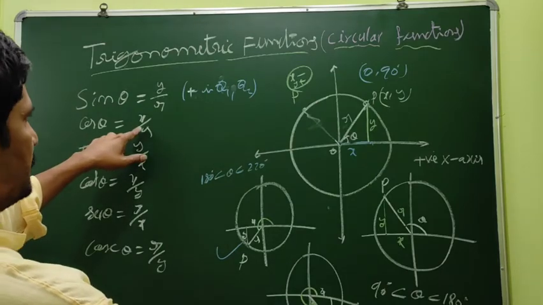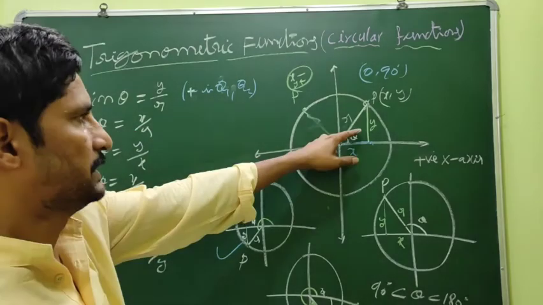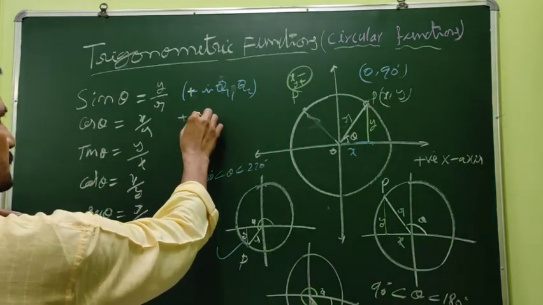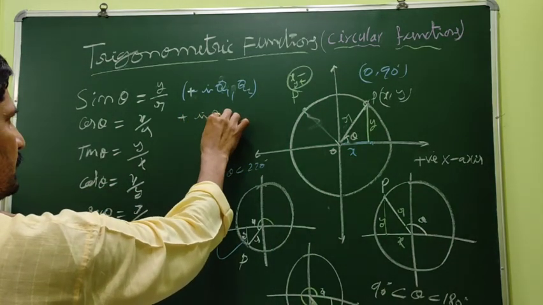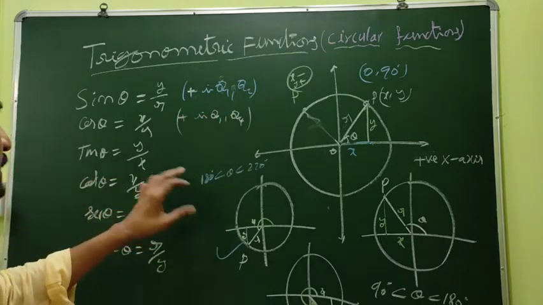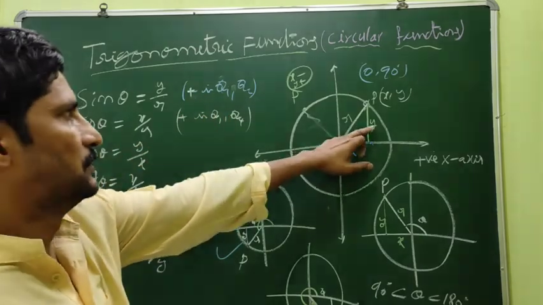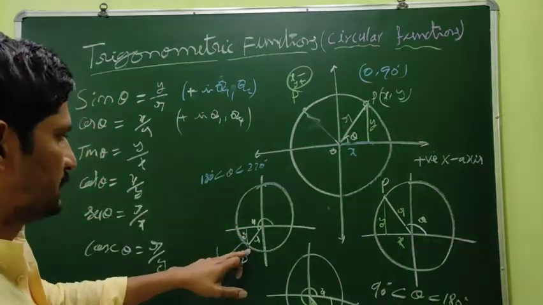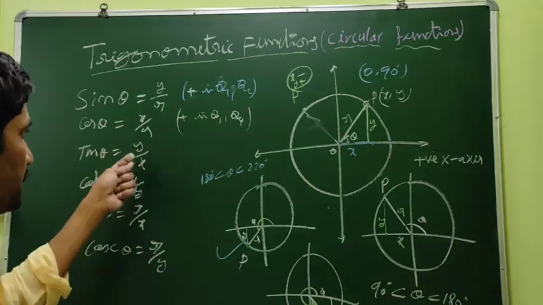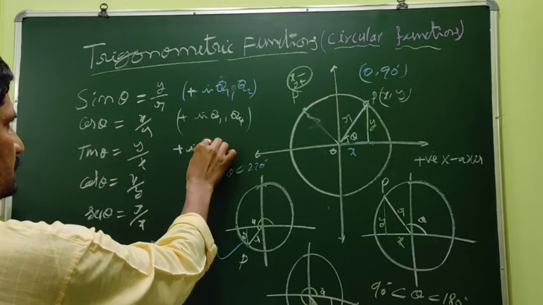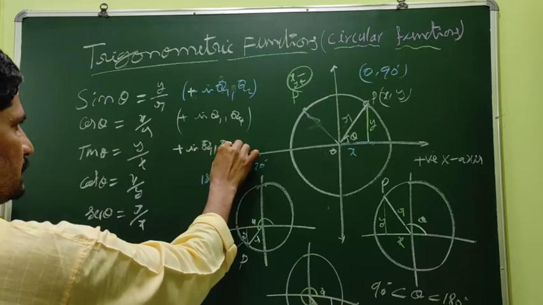See the cos theta, x. X is positive in the first and fourth. Tan theta: x and y both are positive in the first, both are negative in the third. Both are negative, so negative by negative is positive. So it is positive in the first and third.